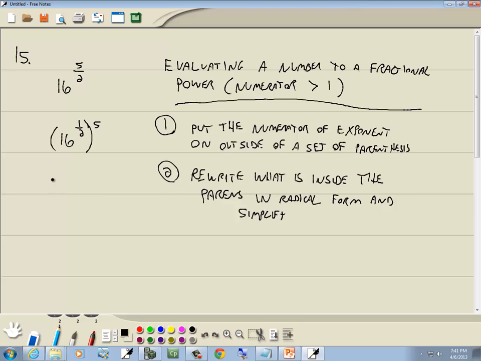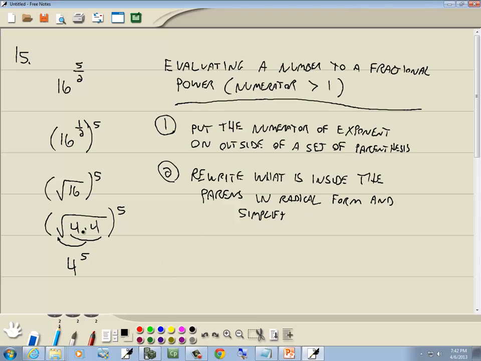Well, the 16 to the 1/2 power, that becomes the square root of 16. 5th power stays there. Square root of 16. Well, that's 4 times 4. And remember, with the square root, our index is 2, so we're looking for a pair of somethings. Here's a pair of 4s, so a pair of 4s is going to come out in front as a single 4. So we're going to end up with 4, and then the 5th power carries down.